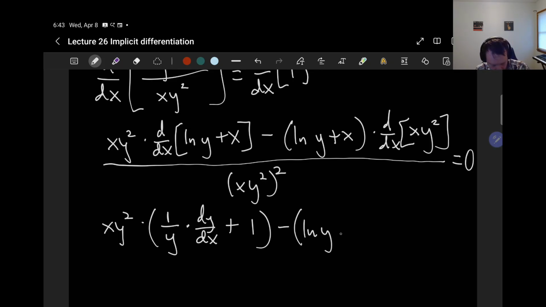All right, so this is the same now times the derivative of xy squared. That's a product in there, taking the derivative of a product. So I do product rule. X times the derivative of y squared be 2y times dy dx.